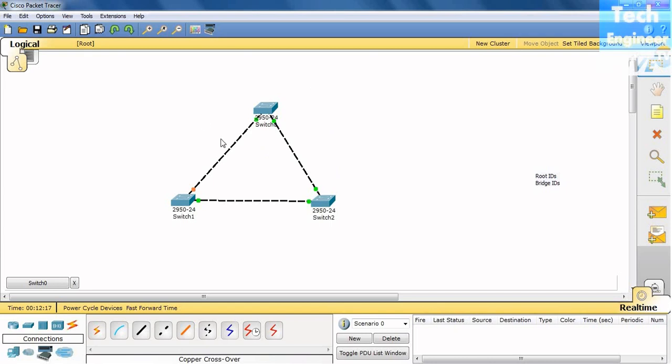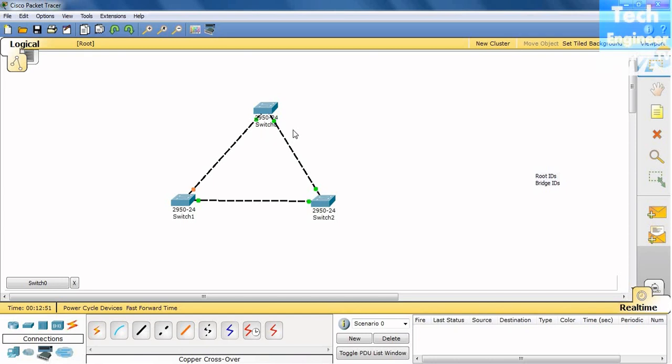When these switches send BPDUs, the BPDUs go to every switch, and with that the switches understand their state. If the priority value and MAC address is lesser than the other switches, then it becomes the root of the network.